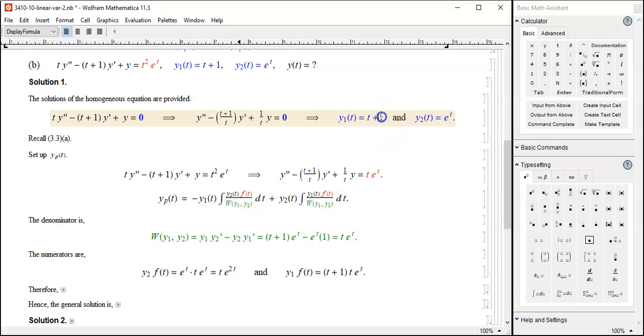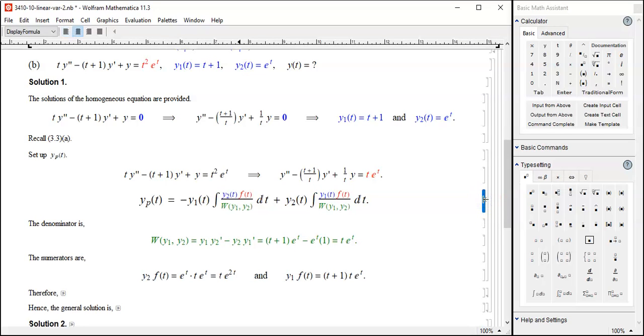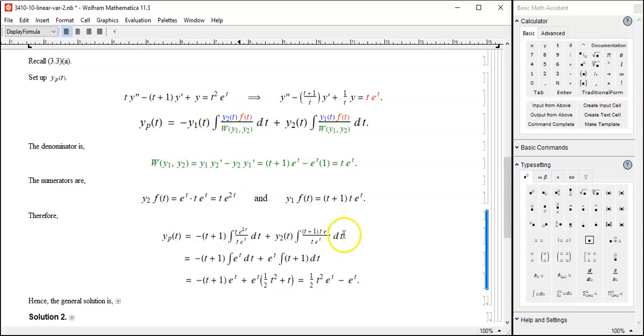And then y1 and y2 are given like these. Increase the font a little bit so that you can see all these. So you can calculate the numerator: y2 times f, y1 times f, you get these. Therefore, we have this kind of integral.